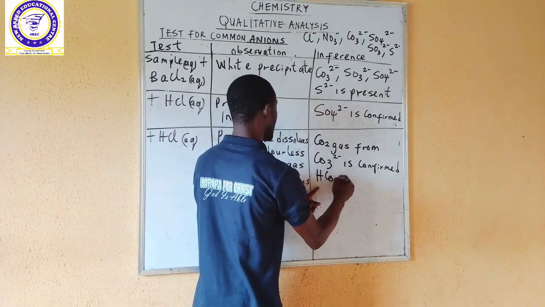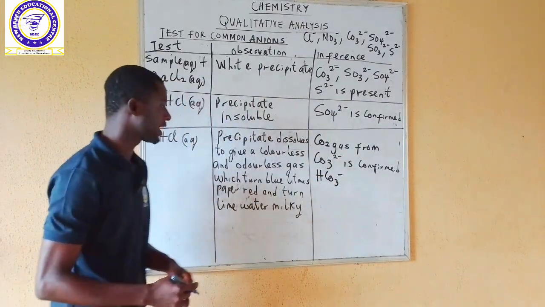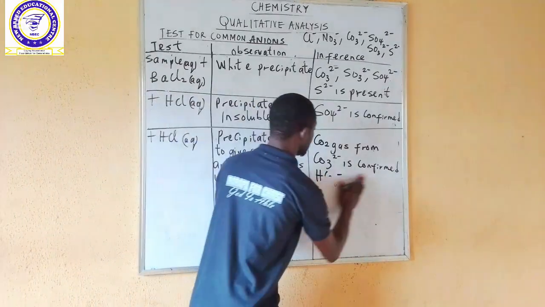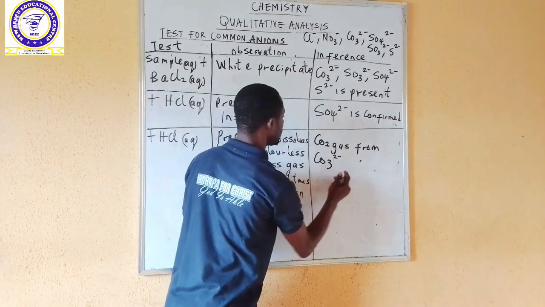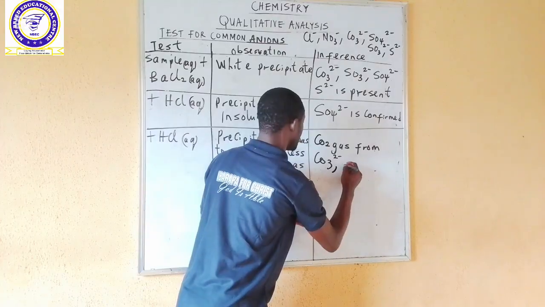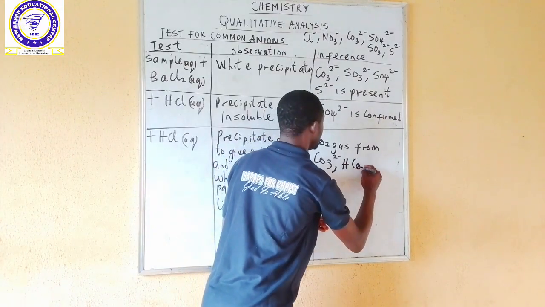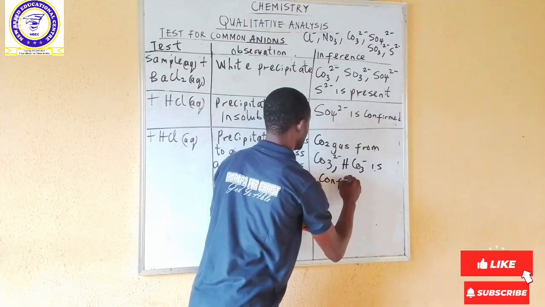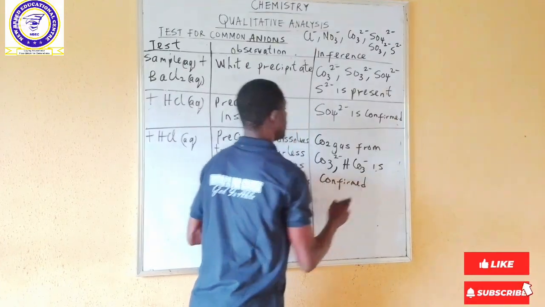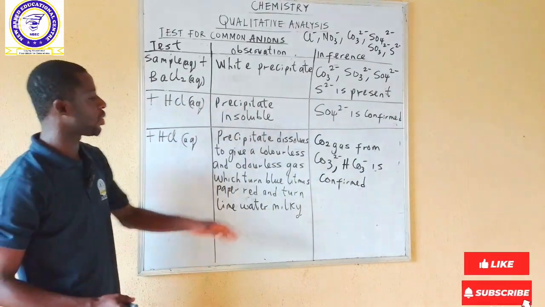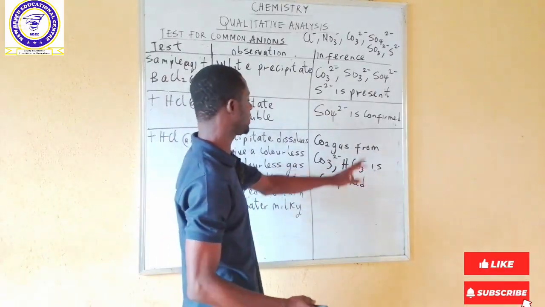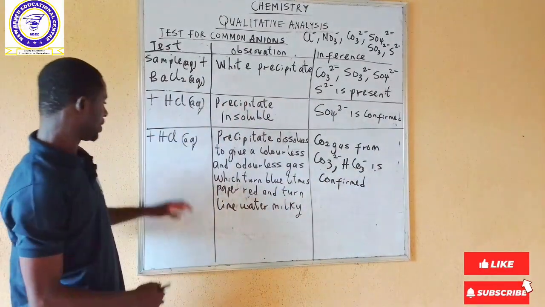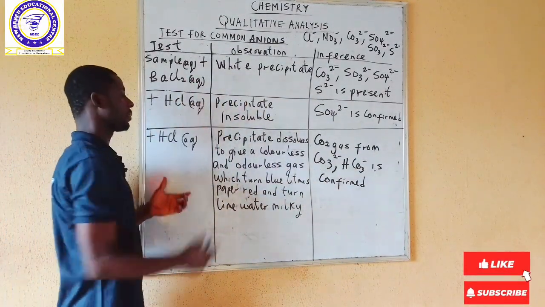I'm supposed to add that to it. Let me write it. It should be from CO3 2- or HCO3 minus is confirmed. Alright, so our confirmation for CO3 2- or HCO3 minus is when we add HCl to this test sample and we see this observation.